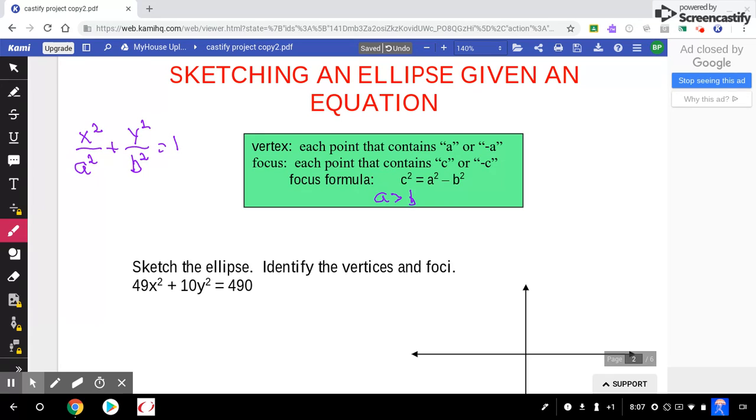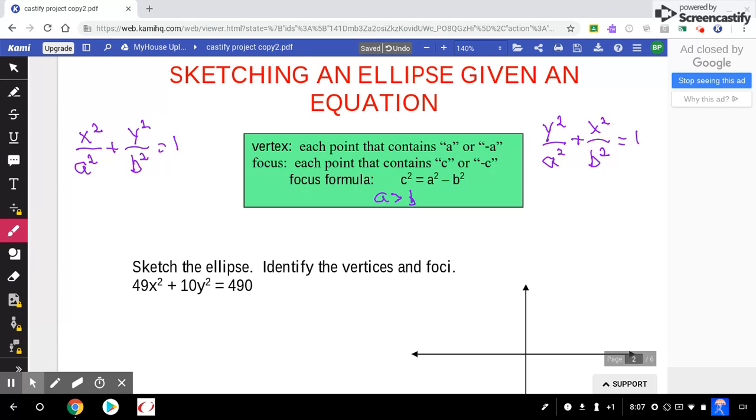Another possibility over here, on the other side, we got a y squared over the bigger number, which obviously would leave the x squared above the smaller number, equals 1.